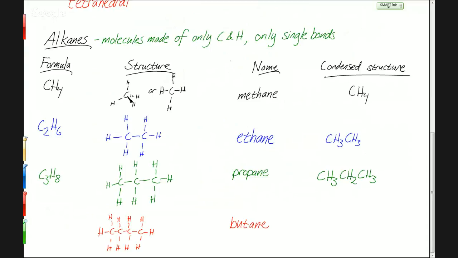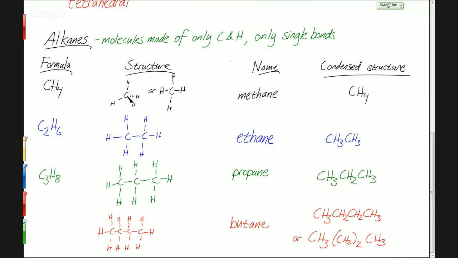And then your condensed structure is going to be CH3, CH2, CH2, CH3. Yeah? And actually, we can abbreviate this even a little bit further. We could also call it, if we want, CH3, and then 2 CH2s, and then CH3.